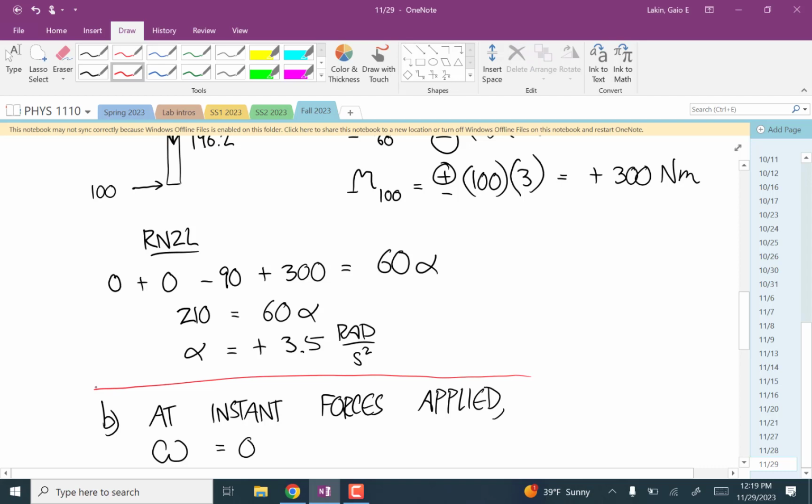Anybody have any questions about that? What's the difference between the tangential and the angular acceleration? Well, the angular acceleration is its own kind of thing. Remember, angular velocity is how fast the orientation is changing.